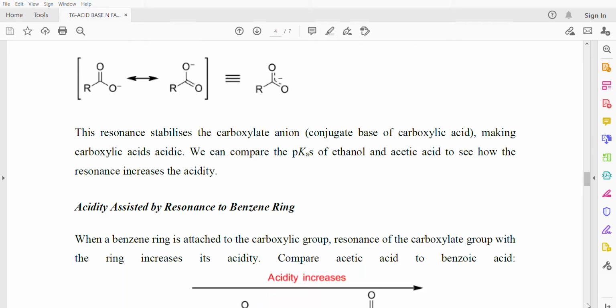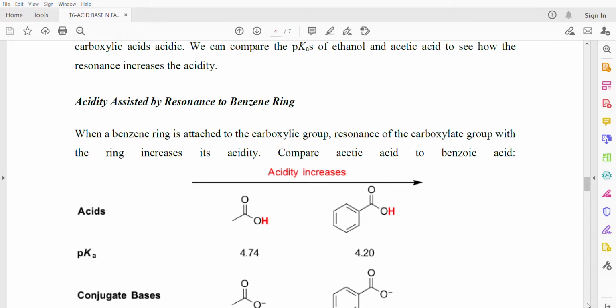In the benzene ring, if we see what happens, this is an aliphatic acid, and this is an aromatic acid. This is acetic acid, this is benzoic acid.